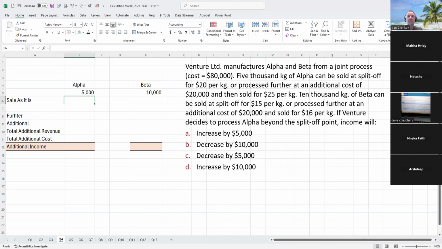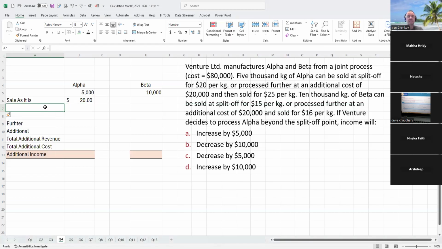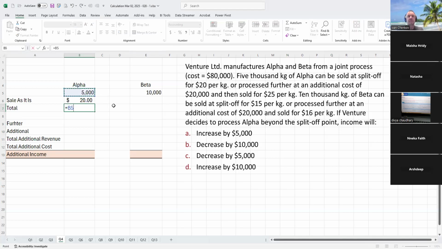If we sell it as is, how much? $20 per kg. So in total, how much are we going to get if we sell it at $20? 100,000.